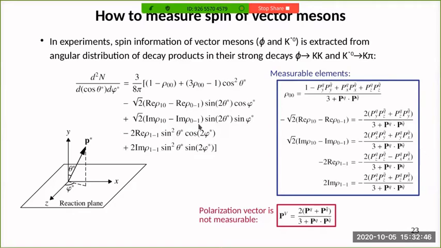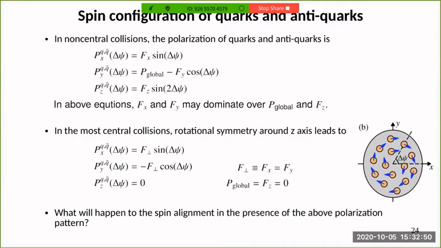Then let us study the local spin alignment. As we know, in non-central collisions, the polarization of quarks and antiquarks is given by these equations. And from our numerical calculation, we know that in the above equations, Fx and Fy may dominate over the global polarization and Fz.